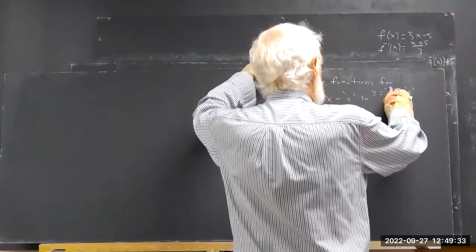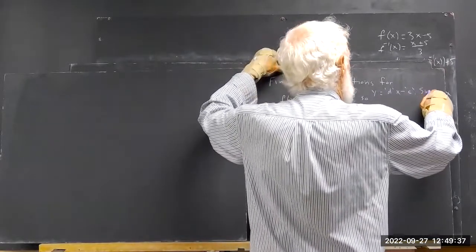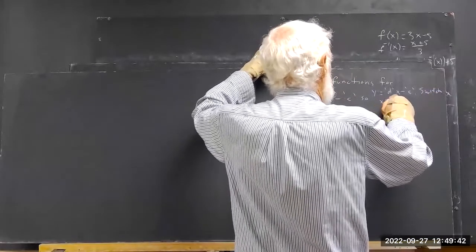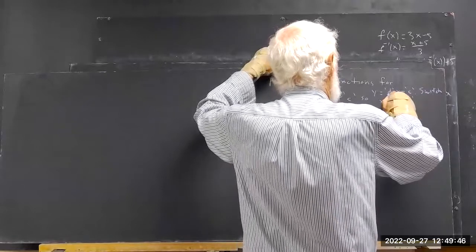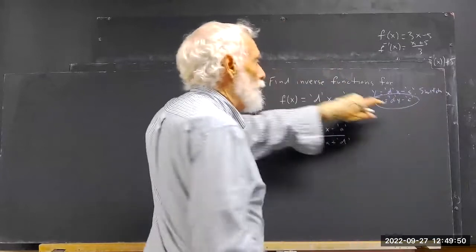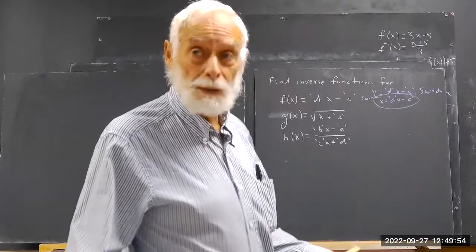That's sufficient for right now. Okay, then you switch, and you get x equals dy minus c, whatever your d and c are. That's what you solve for y. That's always the way it's done.